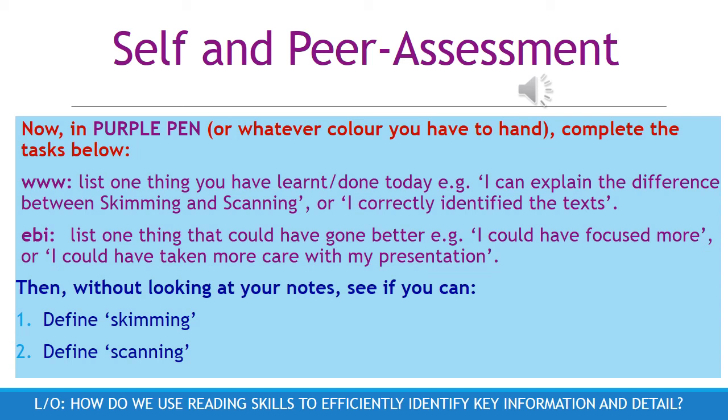Even better if, was there a bit you didn't do quite so well on? It could be, I didn't understand how to use keywords to scan through a text. If so, that can be something you can improve next time. Then, without looking at notes, have a quick go. Can you define skimming and can you define scanning?